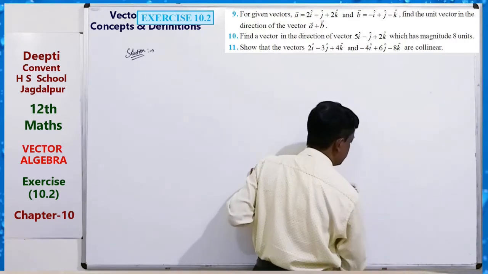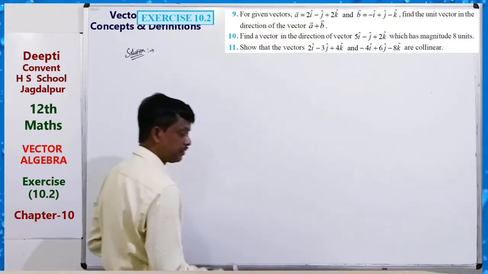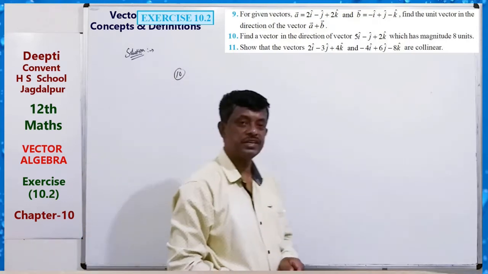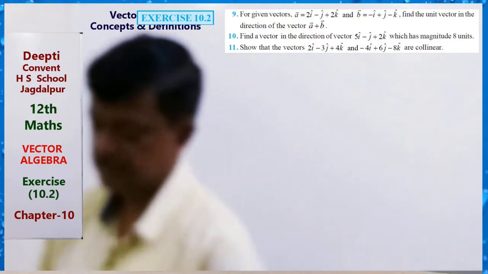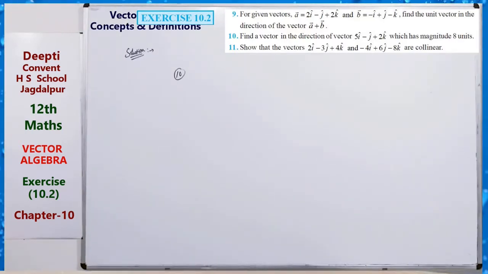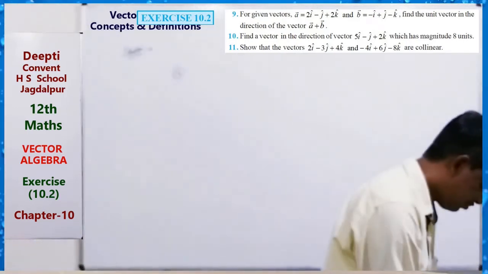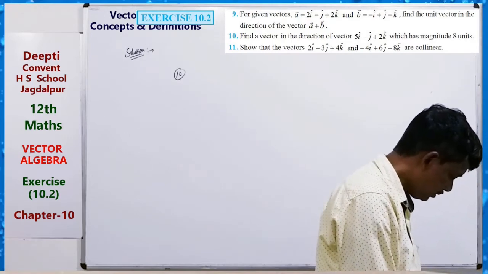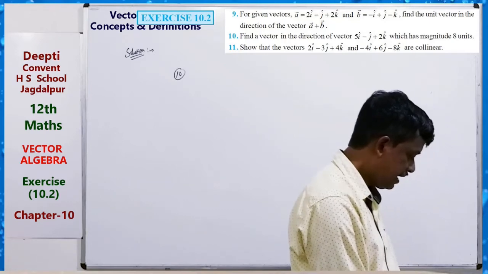So for question 10, how can we solve it? Just find the unit vector of 5i minus j plus 2k, 8 units.